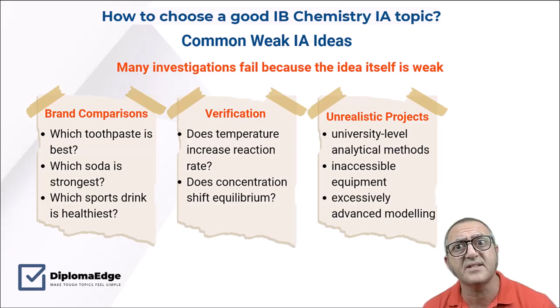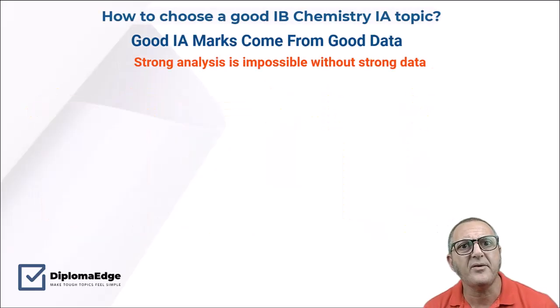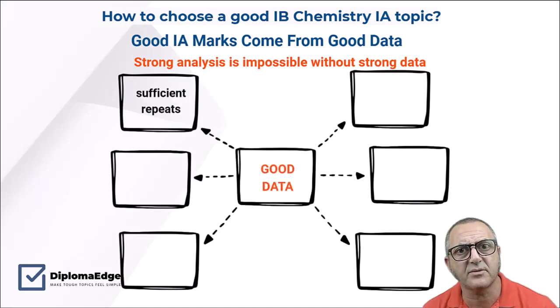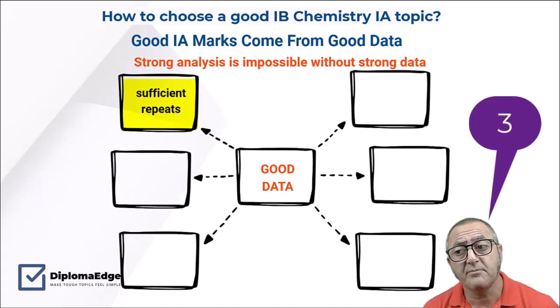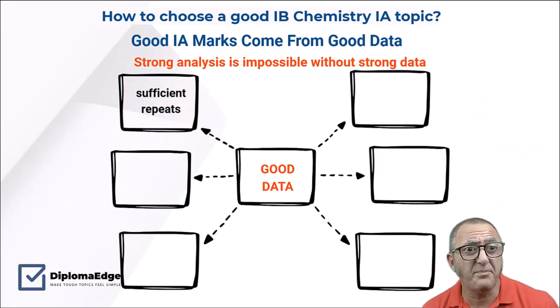And to get good data, number one, you have to have enough repeats. Now, how many repeats do you need in an investigation? How many times are you doing the same experiment for the different increments of the independent variable? Well, the absolute minimum is 3, because without 3, you cannot identify odd results. So 3 should be the minimum.